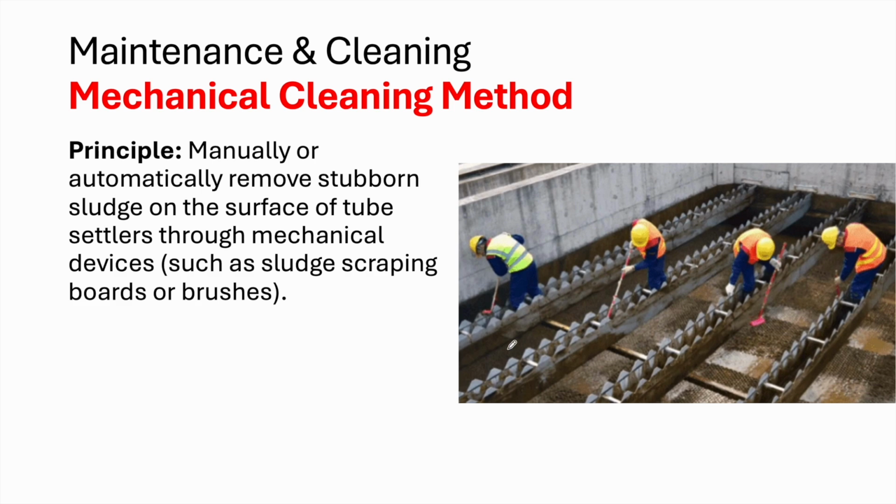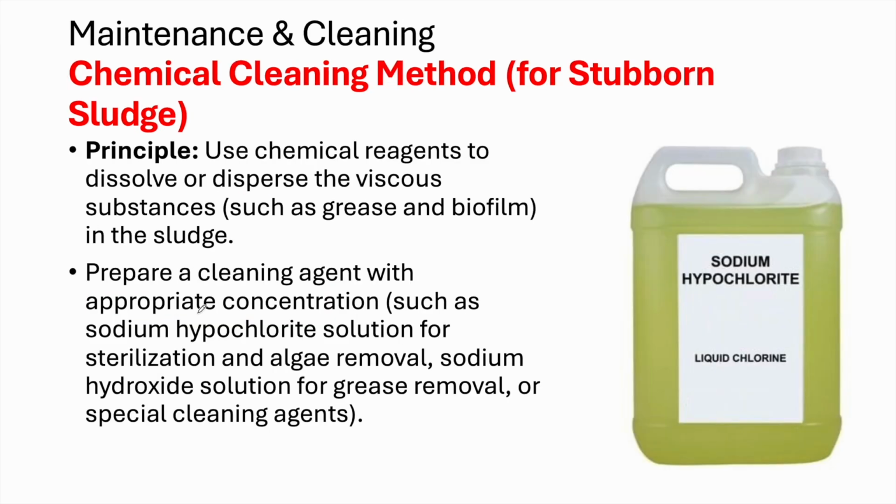We will need to manually or automatically remove the stubborn sludge through mechanical devices like sludge scraping boards or brushes. And sometimes we might also need some chemicals to dissolve or disperse viscous substances. Here we are talking about grease and biofilm.